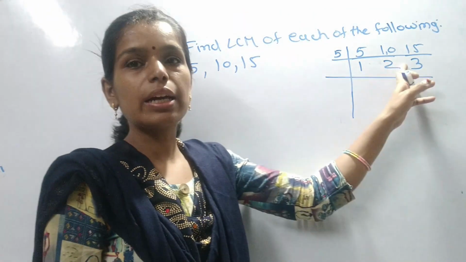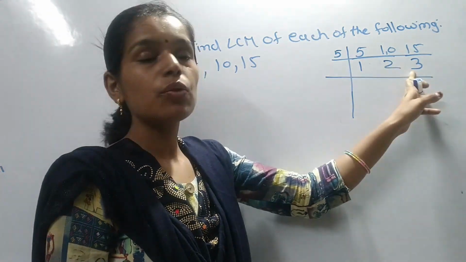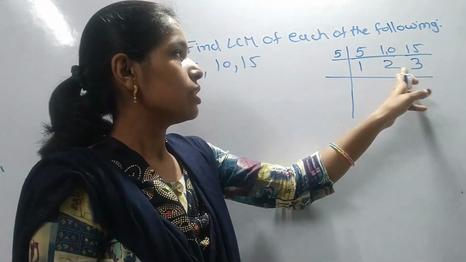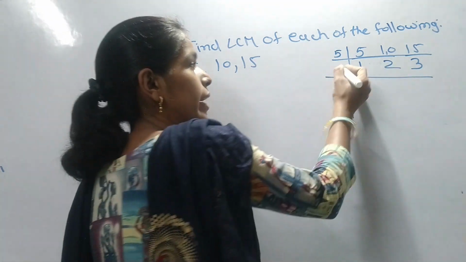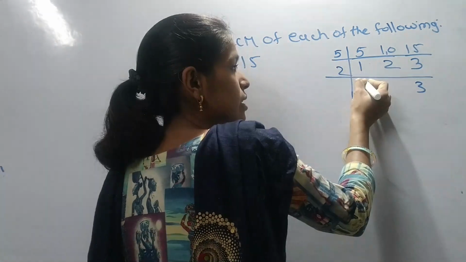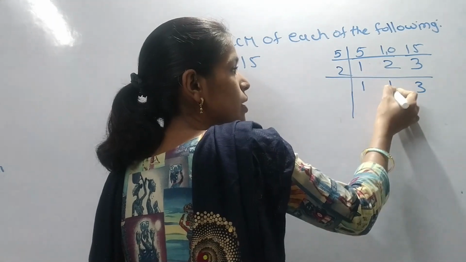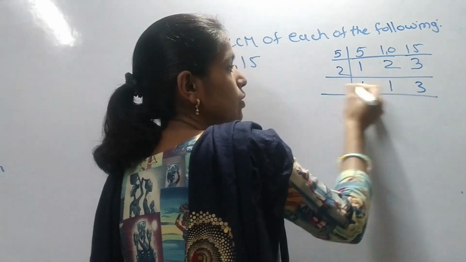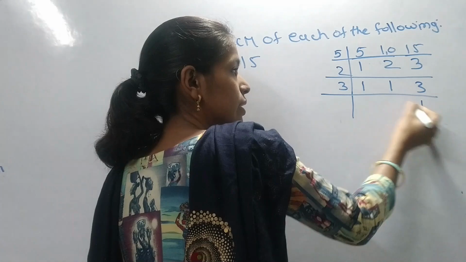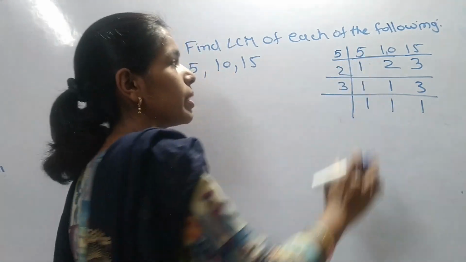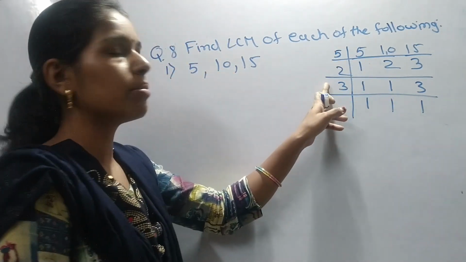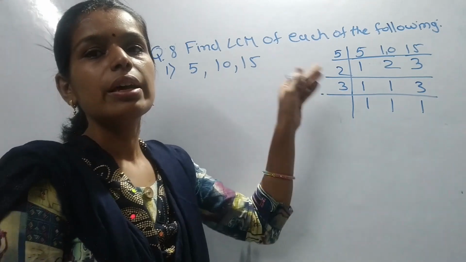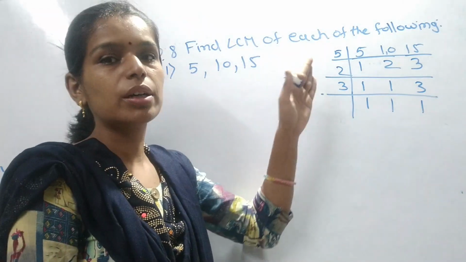Now these 2 and 3 are totally different. They have no common prime factor. So divide 2 first and write the 3 as it is. You will get 2 1s are 2. Now divide this 3. 3 1s are 3. So the division is completed. If you multiply these numbers, there is no need to see whether they are common or uncommon.